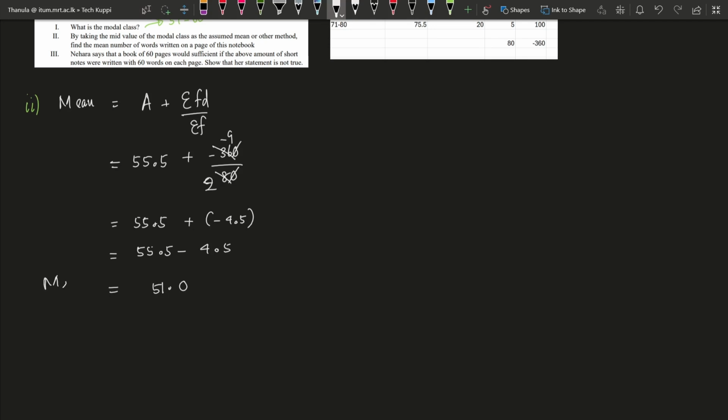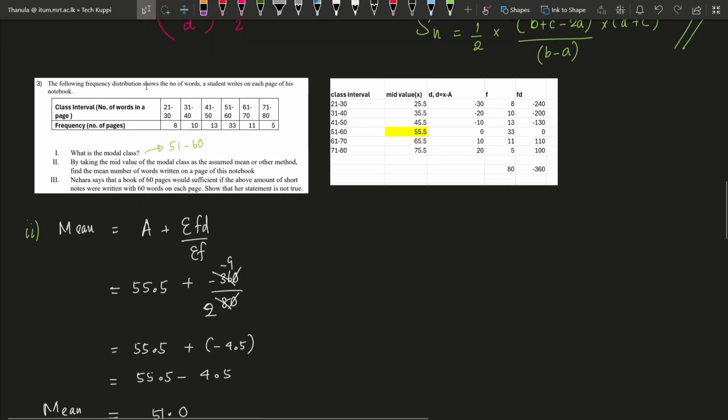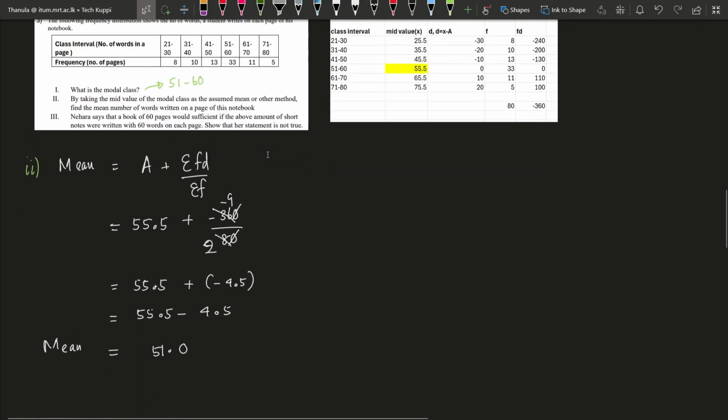Mean value is 51. What do you mean by that? What's the idea about that mean value? The distribution shows the number of words a student writes on each page of his notebook. Generally, per page, the word count is 51.